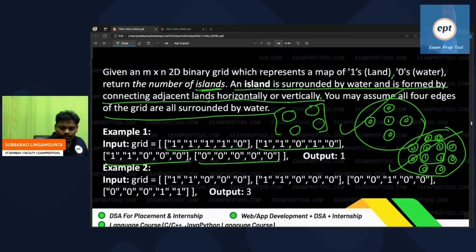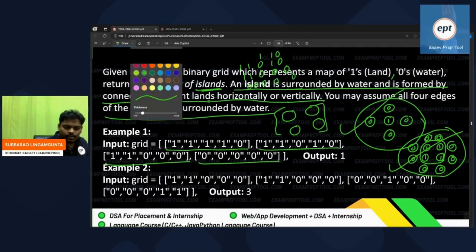I will write roughly. First row is 1, 1, 1, 1, 0. I think there are 4 rows and 5 columns. Next row is 1, 1, 0, 1, 0. Next one is 1, 1, 0, 0, 0. Next one is all zeros. Maybe something is not clear, so I will use another color.